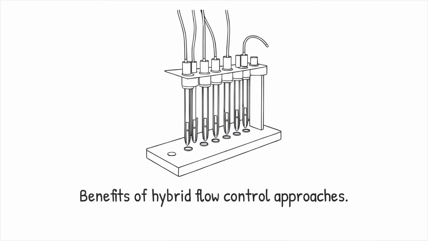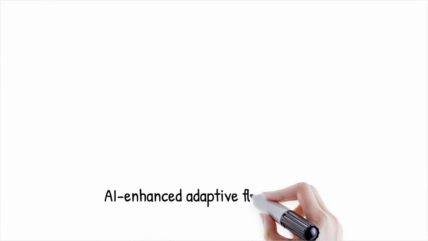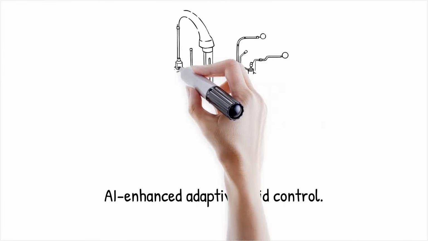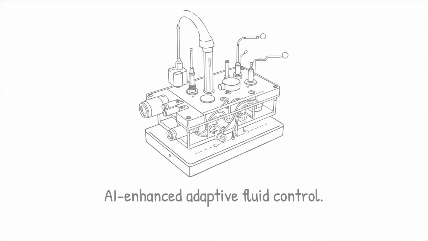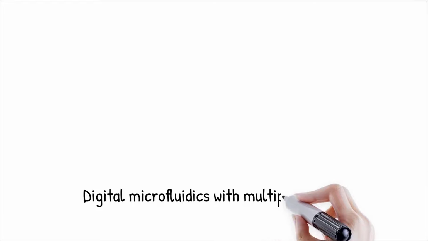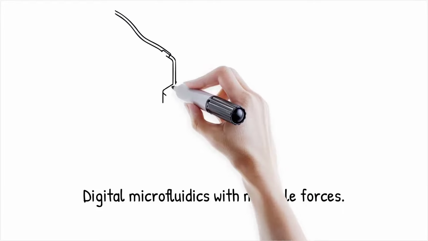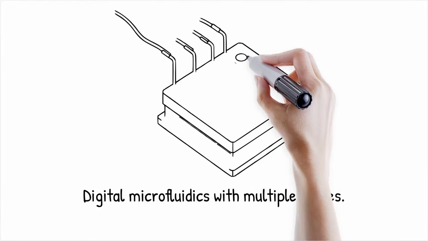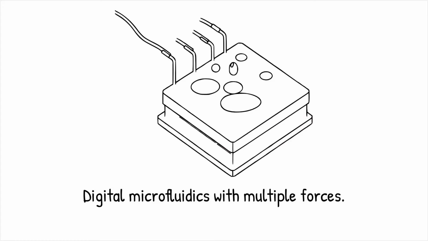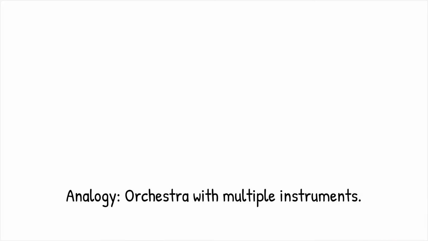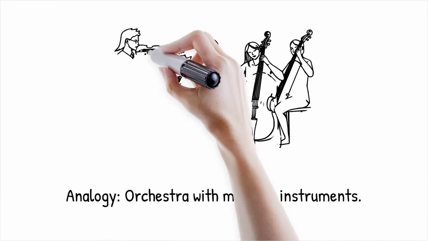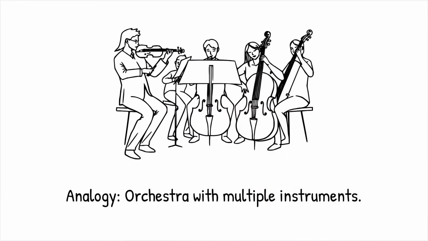The integration of artificial intelligence and automation further enhances performance, enabling adaptive control of fluid dynamics. In digital microfluidics, a combination of electrokinetic and magnetic forces is used to move, mix, and split droplets for lab-on-a-chip applications. Hybrid microfluidic control is like an orchestra where multiple instruments work in harmony to achieve a complex and precise performance.